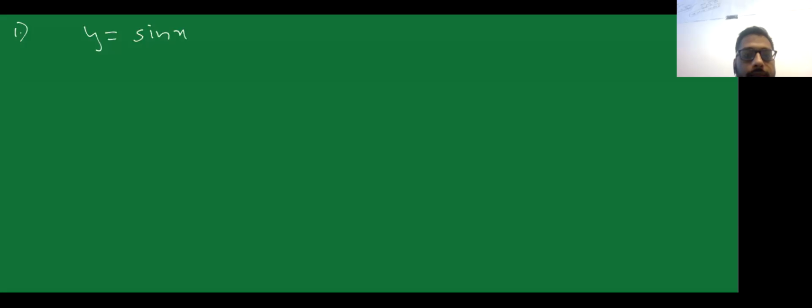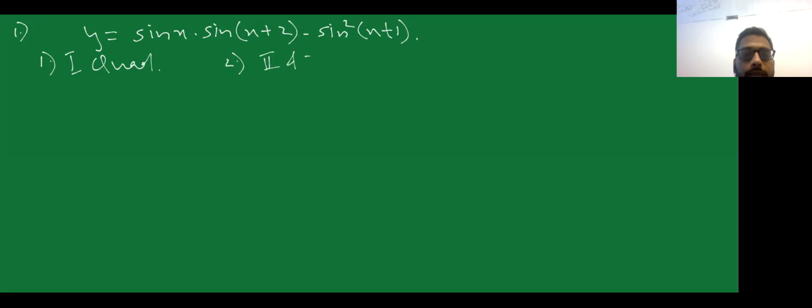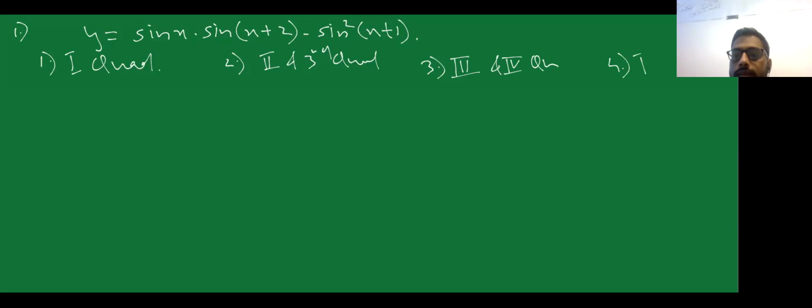y is equal to sin x into sin of (x plus 2) minus sin square of (x plus 1). This represents a straight line, and you have to find in which quadrants it lies: only the first quadrant, the second and third quadrant, the third and fourth quadrant, or the first and fourth quadrant.